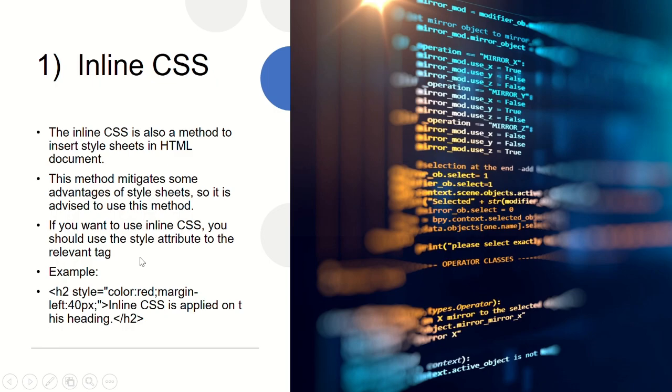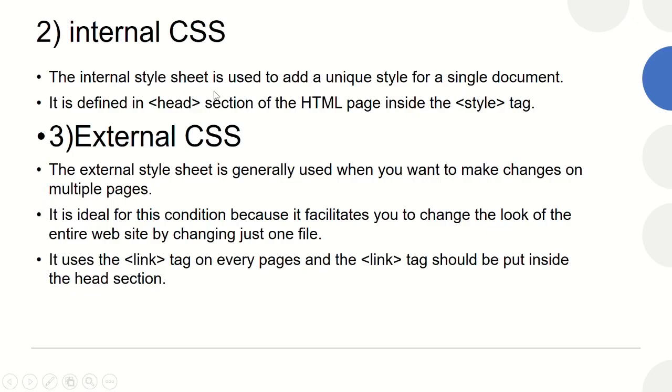Moving on to the next one, internal CSS. An internal style sheet is used to add a unique style for a single document. It is defined in the head section of the HTML page inside the style tag. Then the third one is external CSS. The external style sheet is generally used when you want to make changes on multiple pages.